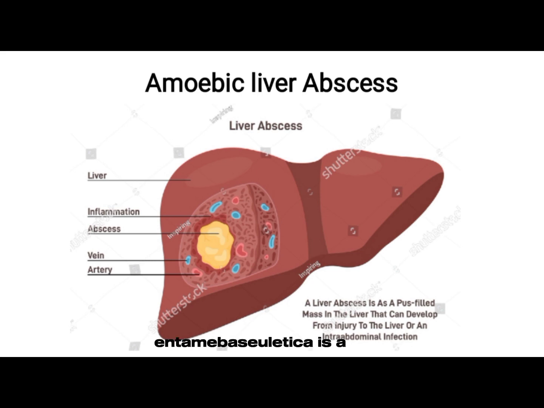Entamoeba histolytica is the species of amoeba found in humans, and when it gets into the liver through the large intestine, it will eventually produce enzymes that destroy liver tissue and cause the liver tissue to begin to produce abscess. That means to begin to produce pus. A liver abscess is a pus-filled mass. Okay, so you can see the abscess here. So that is for amoebic liver abscess.